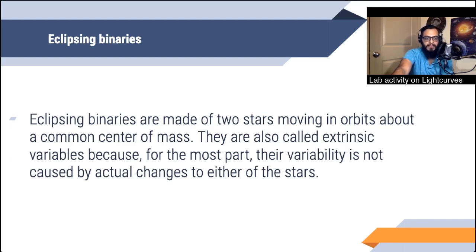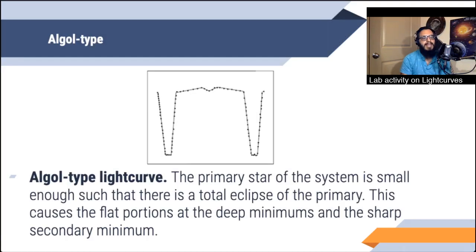The biggest feature is that you have the two stars that are shining, then one goes in front of the other and blocks the light from one star. Then, because they're orbiting around each other, the light is allowed to pass through, and again, one star's light is blocked. For example, here we have these algol type light curves.